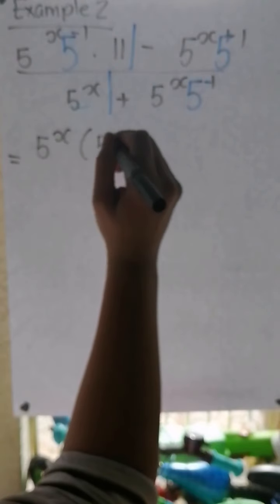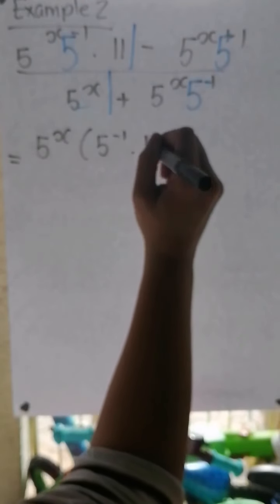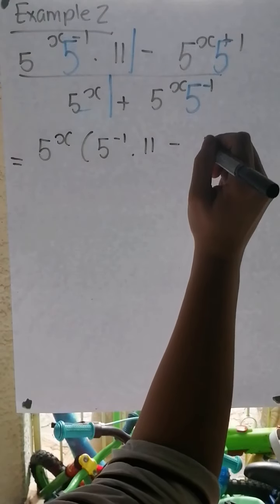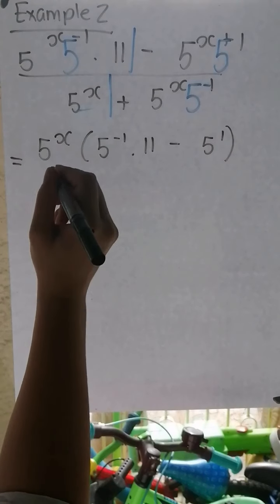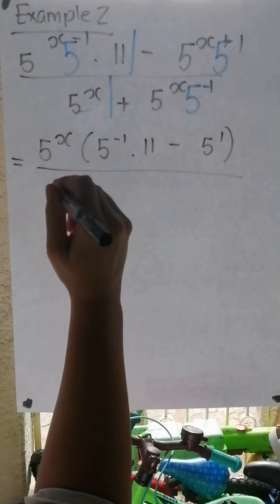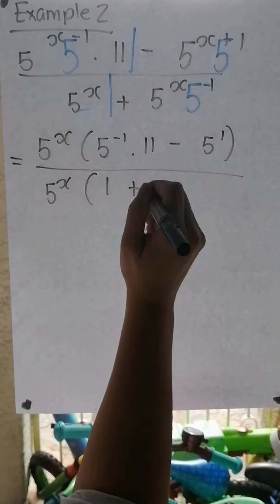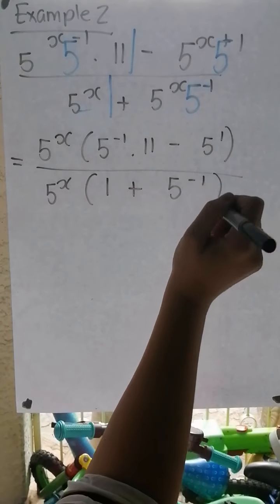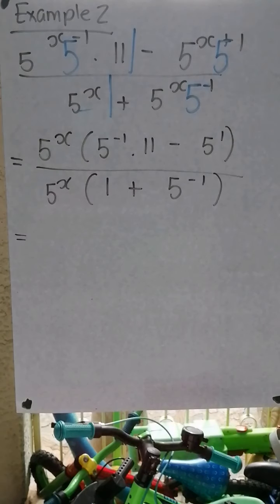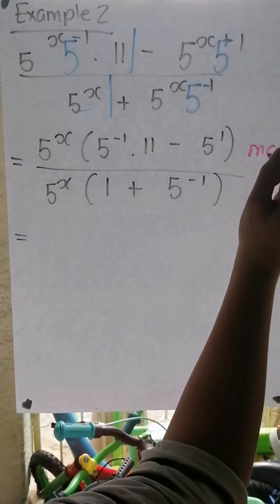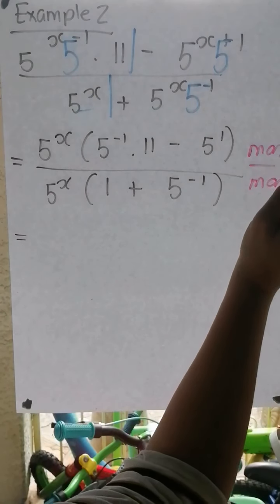And what am I left with? 5 to the power of negative 1 times 11 minus 5 to the power of 1. All over at the bottom, take out an HCF of 5 to the power of x, and I'm left with 1 plus 5 to the negative 1. Cool. Monomial over monomial, which means I can cancel things that look exactly the same.